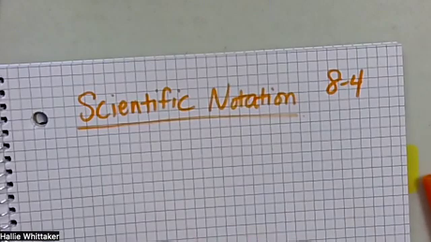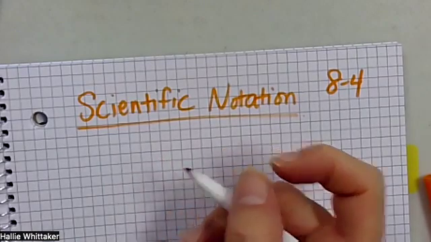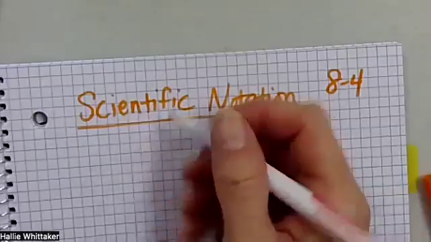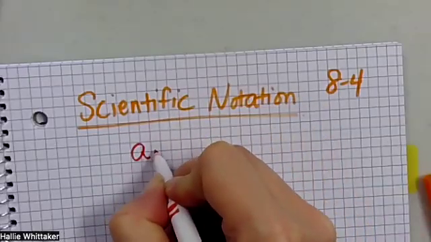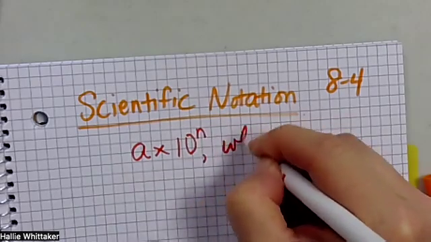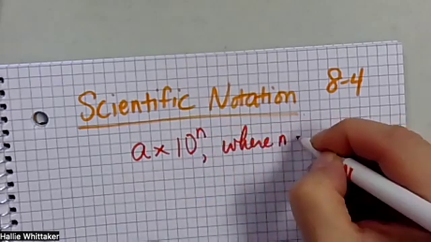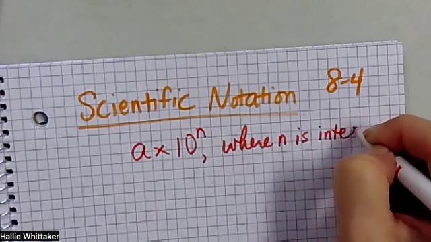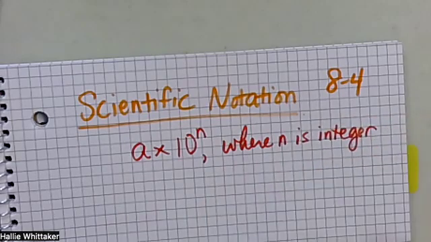Scientific notation is essentially this. It's where you've got a number, a times 10 to the n, where n is an integer. And I'll be honest, I never could used to remember that.